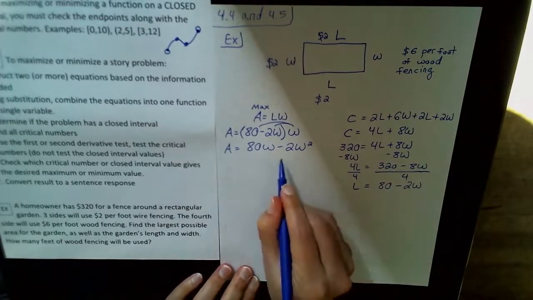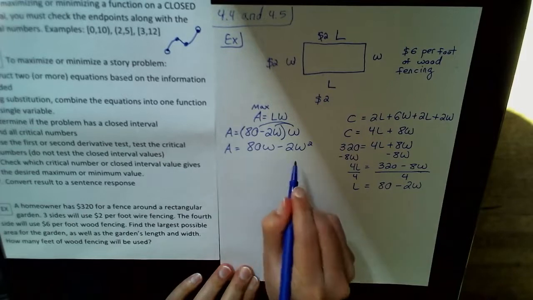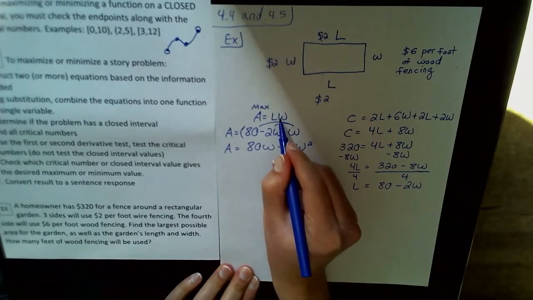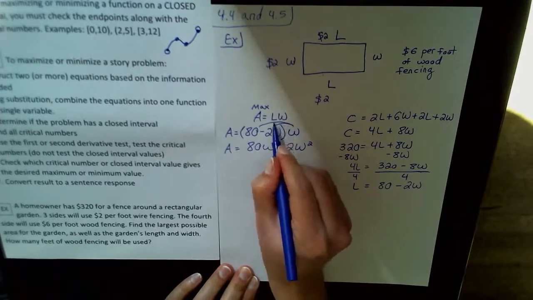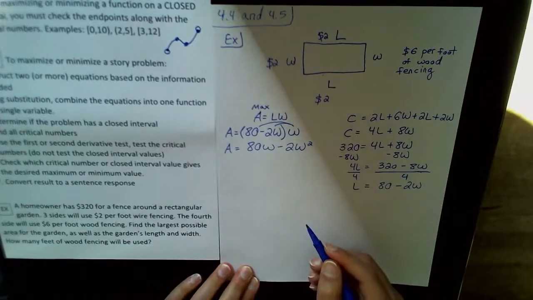And this will be the function we perform the first or second derivative test on now that we've changed it to one variable. Remember, up here we couldn't perform a derivative because we had two separate variables.